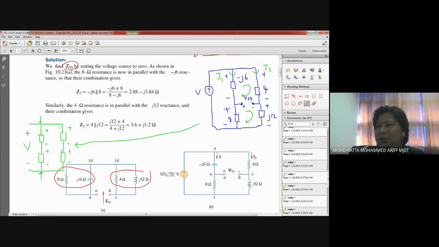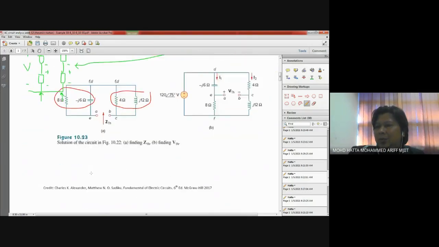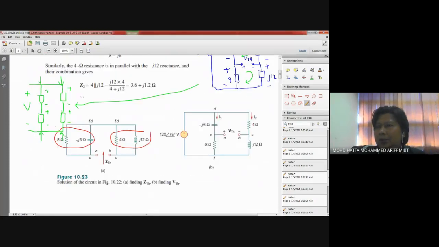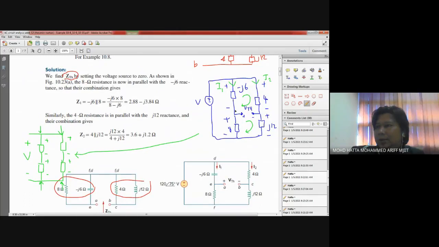So same goes to the other branch, from this point up until this point, the voltage is this value. So that's why if you look at the solution, to calculate I1, the current flowing through this branch, it uses this voltage divided by the total impedance of this branch.